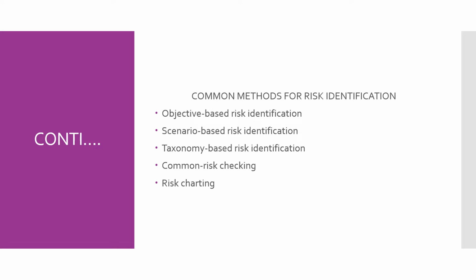For risk identification, we have common methods. The first is objective based risk identification. Any organization or project team obviously has objectives. If those objectives are endangered, if something is preventing them from attaining their objectives partly or completely, that is considered a risk. Scenario based risk identification is where, in scenario analysis, different scenarios are created.